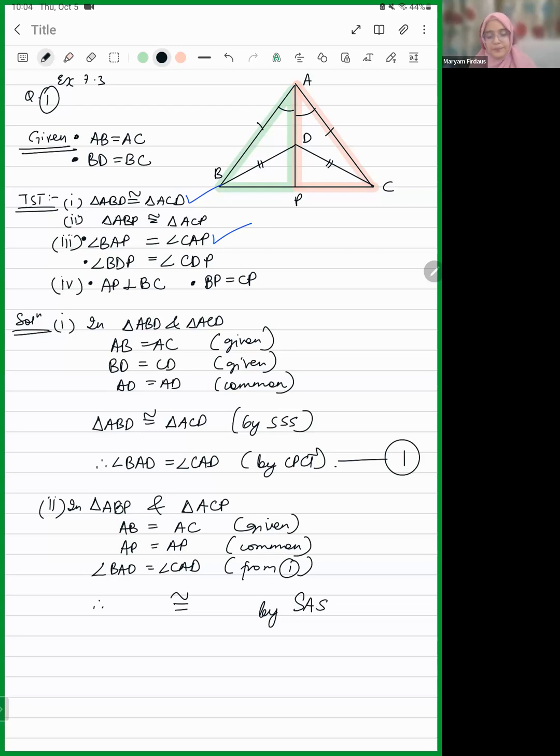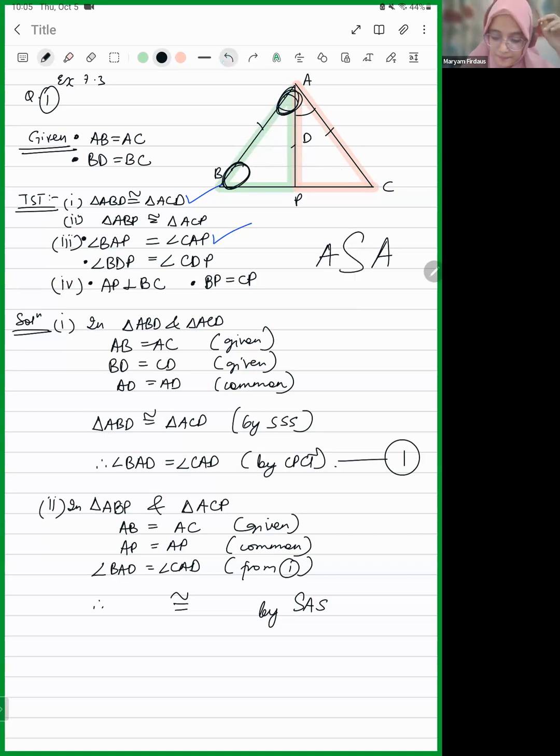Ma'am, how will you know if it's ASA or SAS? Because when we write the answer, it will be mixed up. See, ASA means angle, another angle, and the side. So the side is between these two angles, not somewhere else.